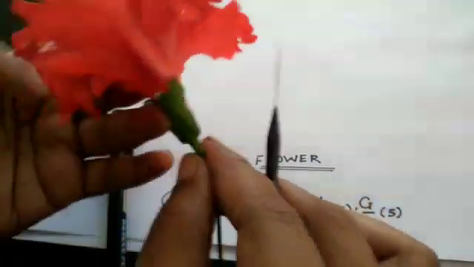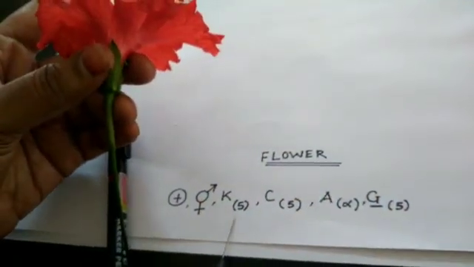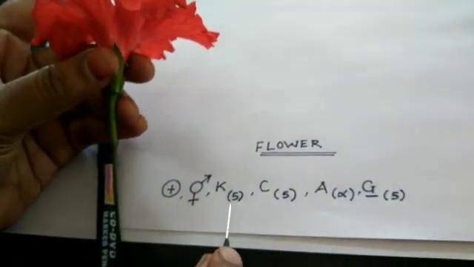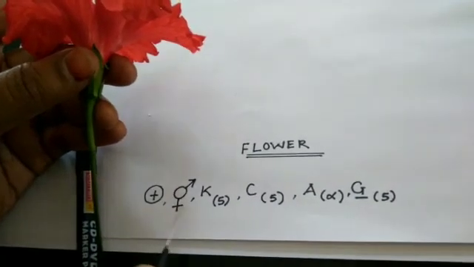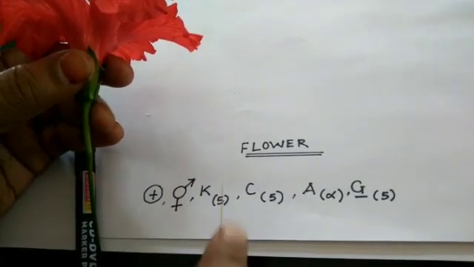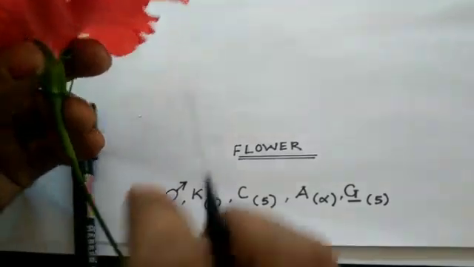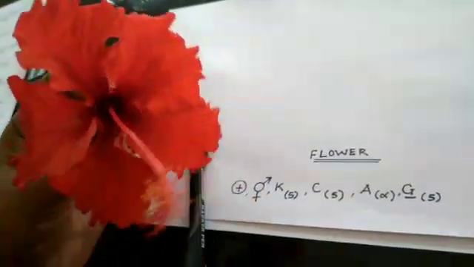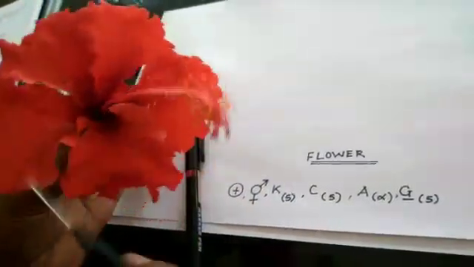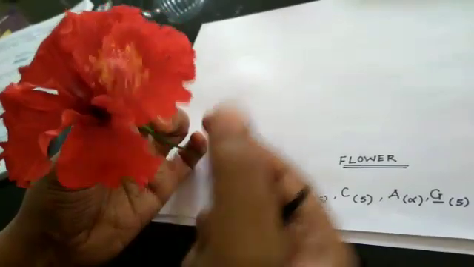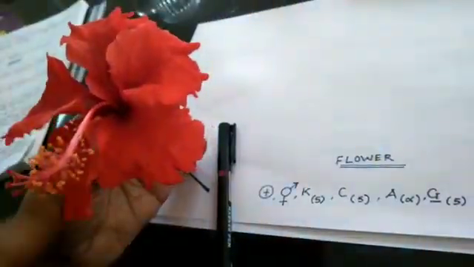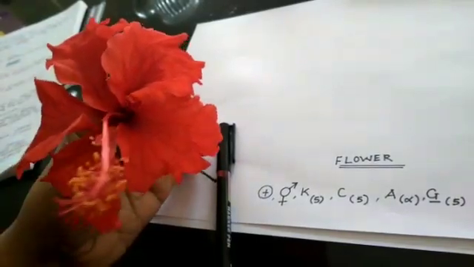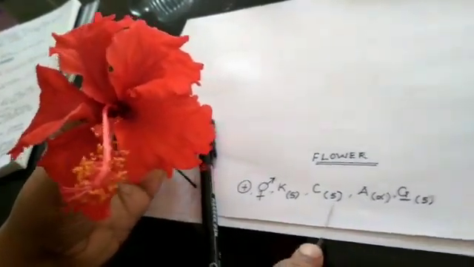So I have written 5 here, and I have made a bracket which represents that these sepals are connected. Then this colored portion of the flower is the corolla. There are 5 petals present in the corolla: 1, 2, 3, 4 and 5. So here I have written 5.